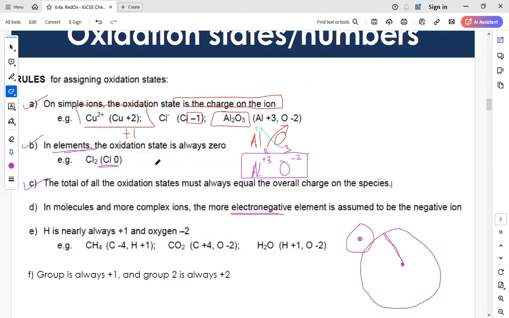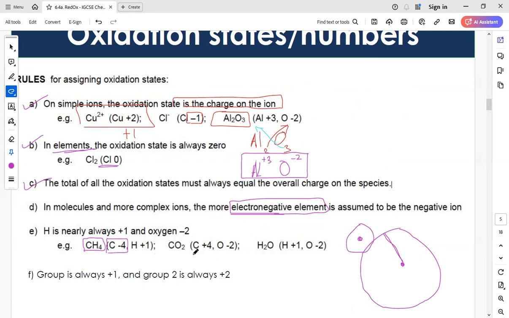Okay, so that's why in methane, carbon has a charge of -4. ठीक है, even though it's not an ionic compound. Methane is not an ionic compound, it's a covalent compound. But in covalent compounds, we use this rule. The more electronegative element is assumed to be the negative one. And the hydrogen will automatically have a positive charge.